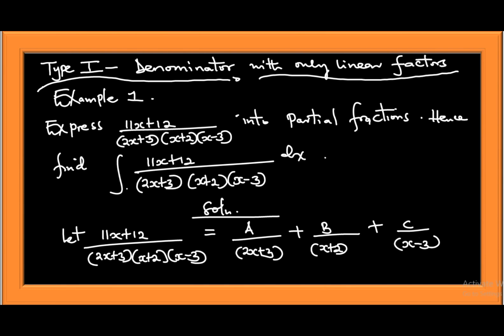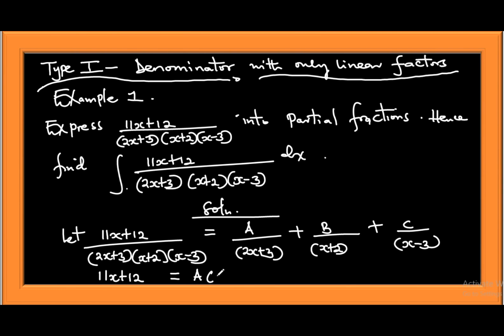Now, what you need to realize is that when you get the LCM of the right-hand side, it becomes the same as the denominator of the left-hand side, and therefore they will cancel out. So the next step becomes 11x plus 12 equals A times the LCM, (2x plus 3)(x plus 2)(x minus 3), divided by 2x plus 3.